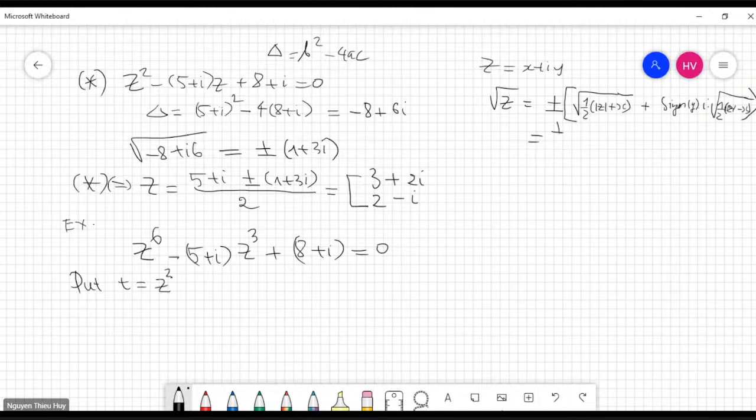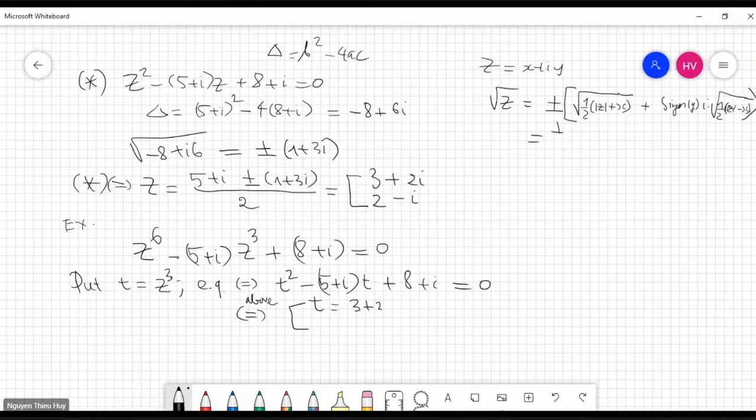Then the equation becomes t squared minus 5 plus i t plus 8 plus i equal 0. And as above, actually the equation t squared minus 5 plus i t plus 8 plus i is exactly the same as this equation here.